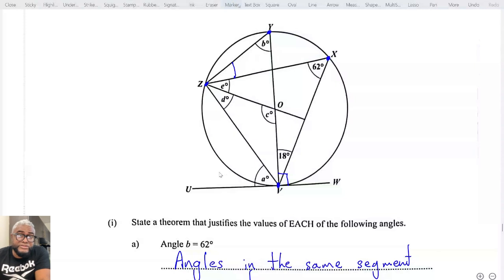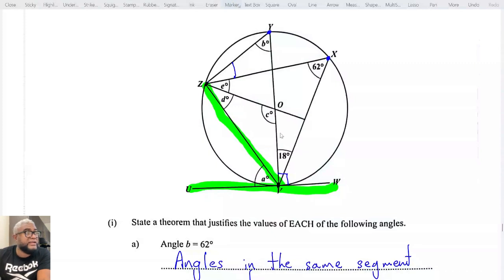Check that law. Angle between a tangent, this is the tangent, right? And this is the chord. Angle between a tangent and a chord is equal to the angle in the... Right, so we're looking at the triangle up here. The alternate segment would be this angle on top here, which is 62, right?